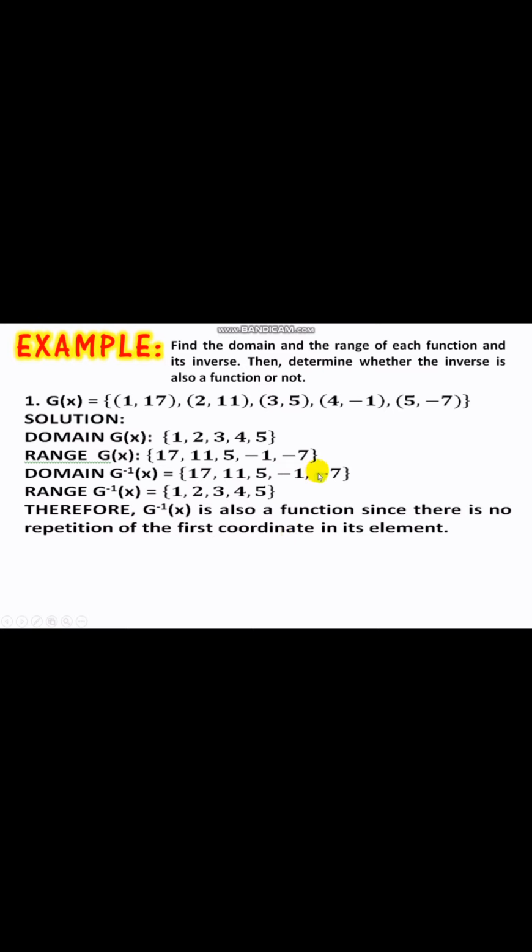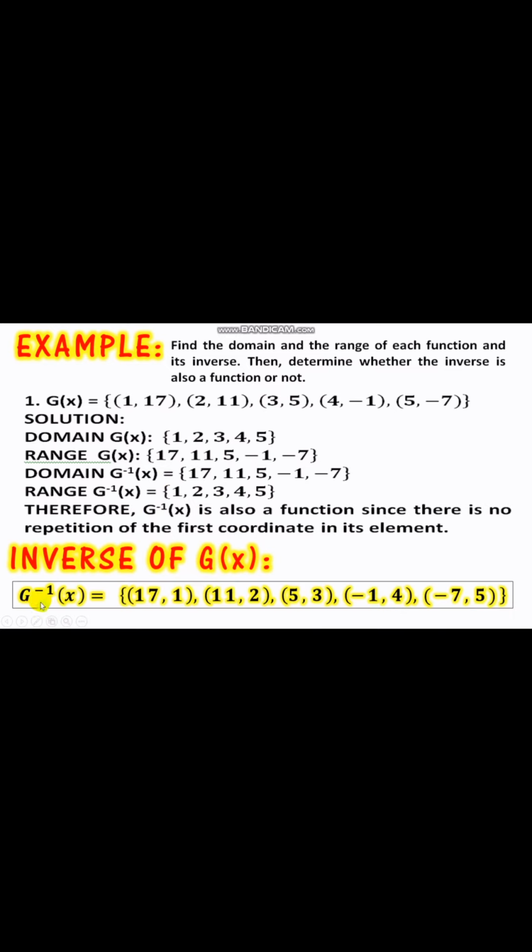Isa pa class, pag nire-write natin yan, ang mangyayari ay ganito. The inverse of g of x, g raised to negative 1 of x, pag binasa, the inverse of g of x, which is equal to, again, pag in-inverse, yung range magiging domain, yung domain magiging range.